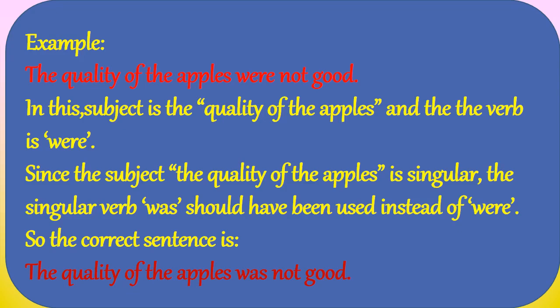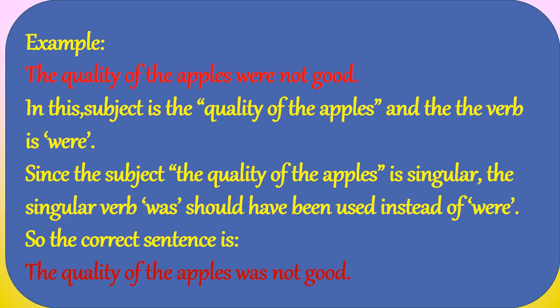Here is one example. The quality of the apples were not good. In this sentence, the subject is the quality of the apples and the verb is were. Since the subject, the quality of the apples, is singular, because here we are talking about the quality and quality is a singular noun, the singular verb was should have been used instead of were.